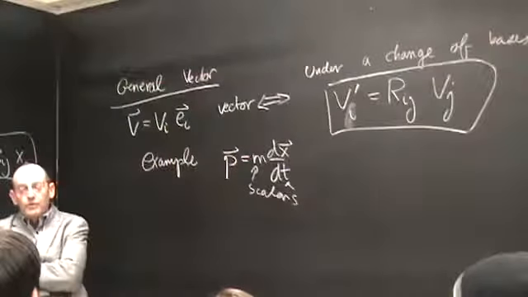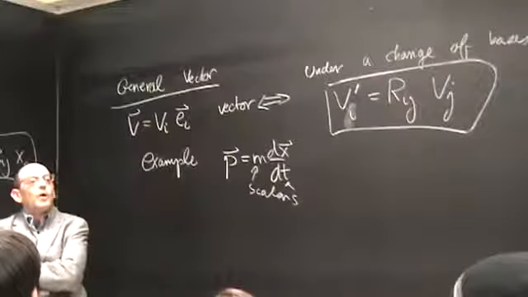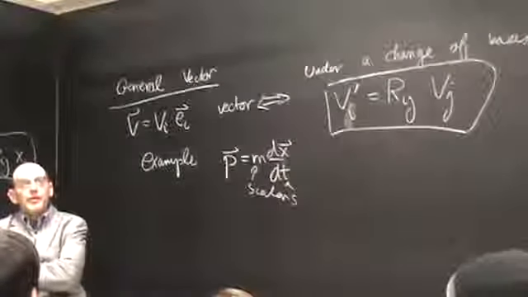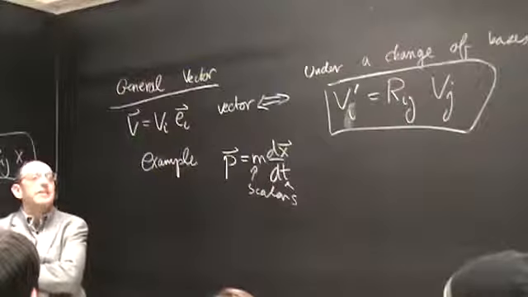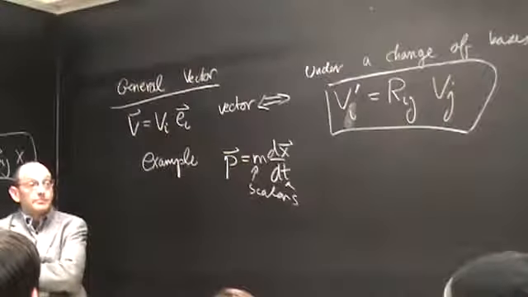I mean, as long as we have a good group of transformations, whether or not we preserve the inner product is not important. It's just the particular case we're looking at the moment.